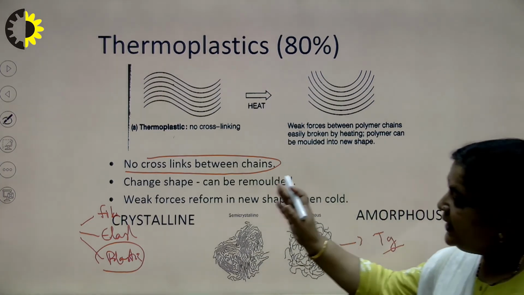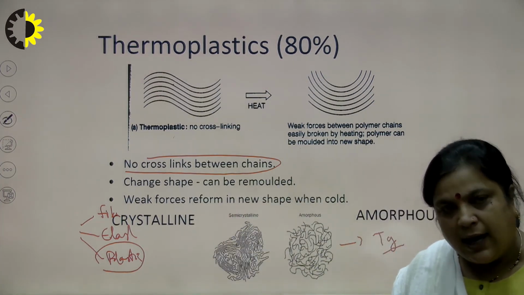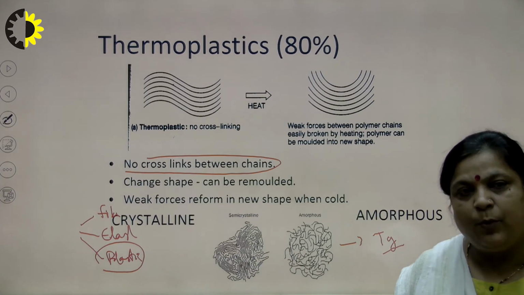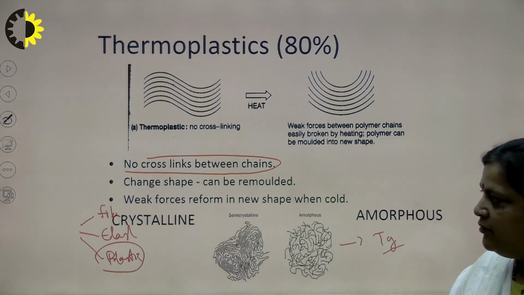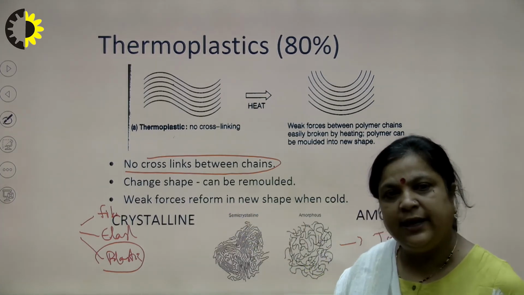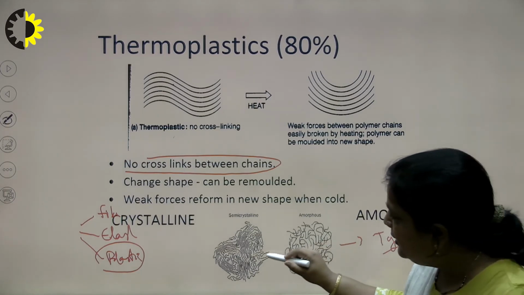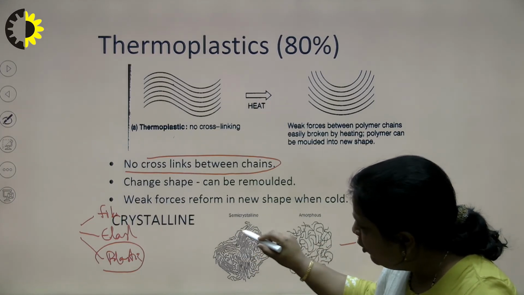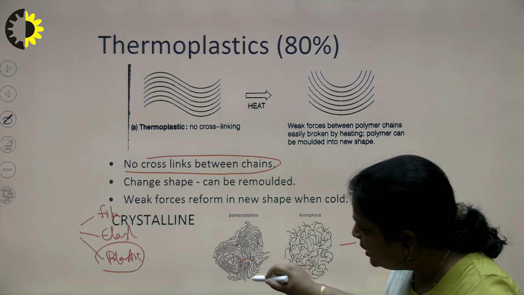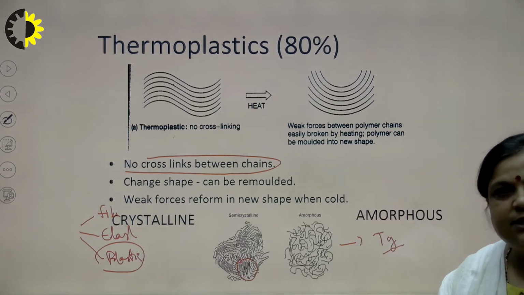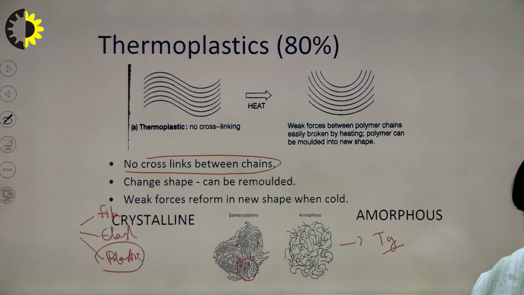But if we take the second category, crystalline, 100% crystalline polymer is impossible, so instead we say semi crystalline. Here a few parts are like amorphous, but in a few portions they are arranged in an orderly manner.